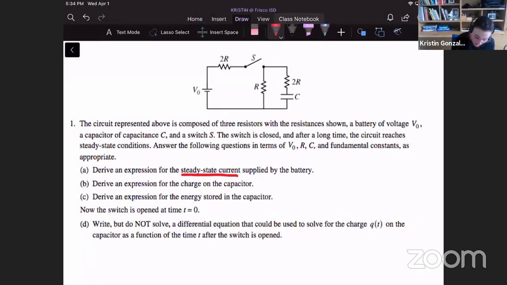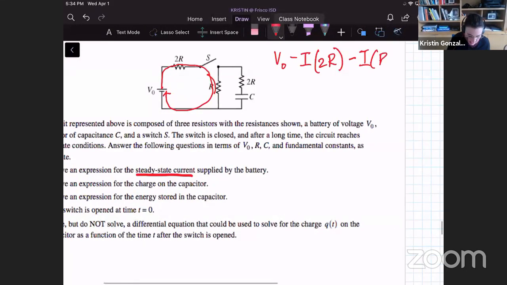So the only thing we're really going to be looking at is our loop around the circuit this way. If we apply our loop rule again, the potential difference from the battery, V naught, minus the IR through resistor 1, which is 2R, minus another IR across this resistor, which is just R, has to equal 0.